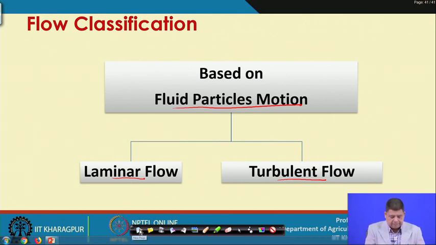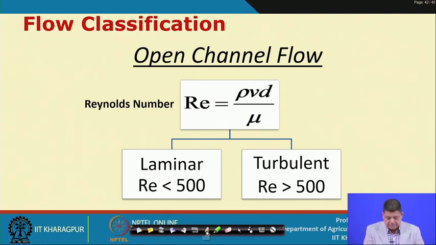And typically this classification is based on Reynolds number, that is designated by R suffix E and given by rho V d by mu or V d by nu. So, this is the formula which we use for finding out Reynolds number.